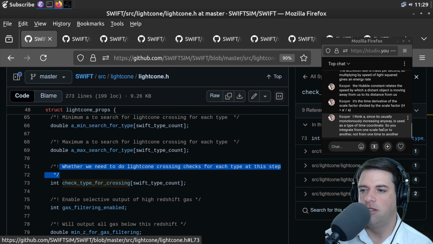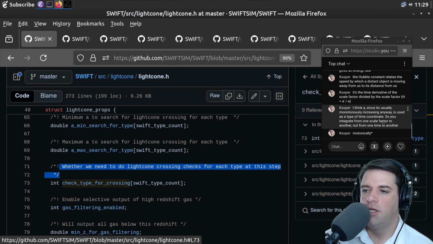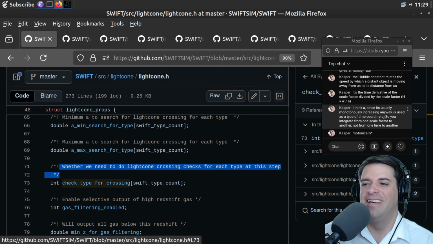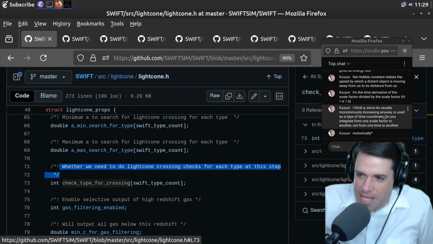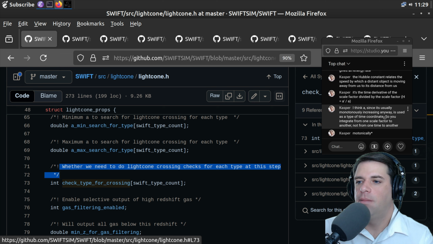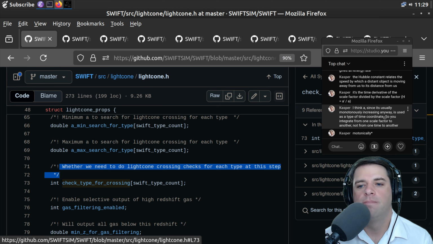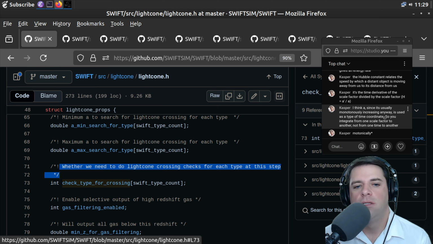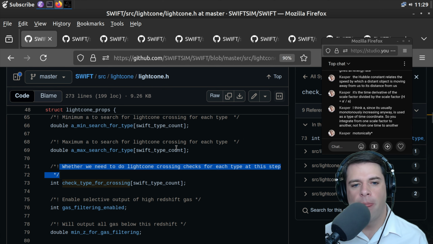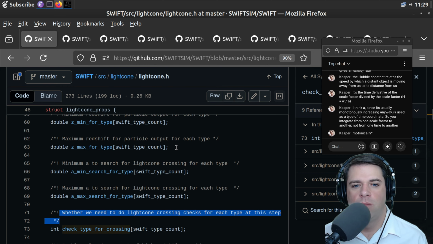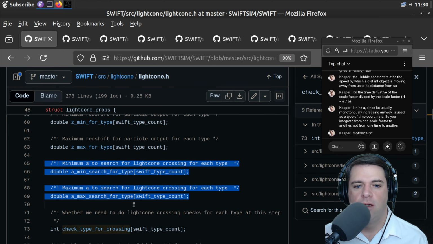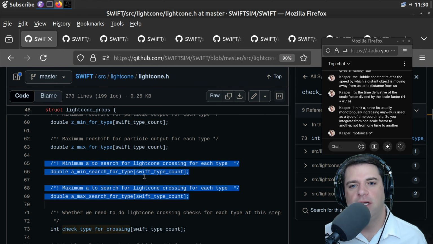So A as a function of time always has a positive derivative. So you integrate from one scale factor to another. Okay, I see. That makes sense. And so we're thinking of A as kind of like time.